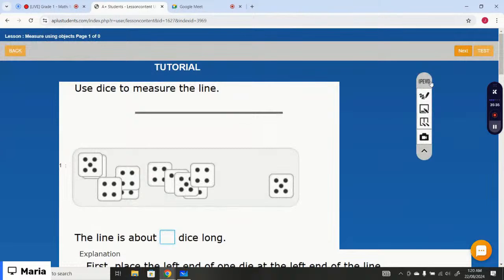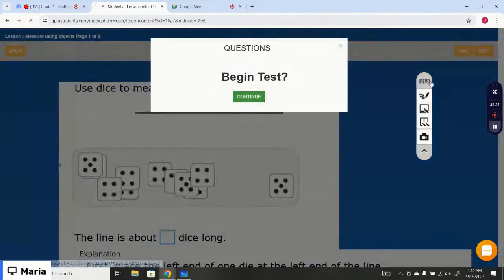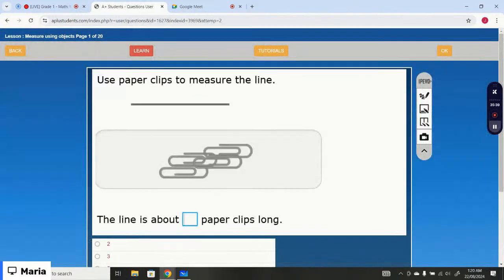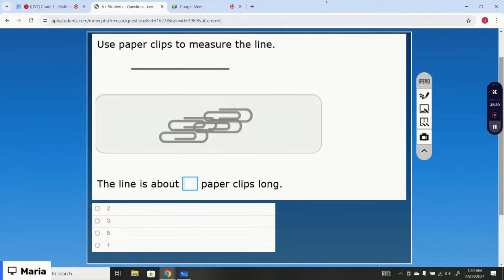Okay, let's just start with the test questions. Use paper clips to measure the line. So which is the correct option? You can see the line. So you have to start placing the clips from the left end of the line until the right end.